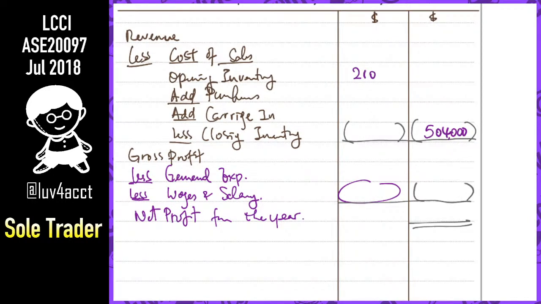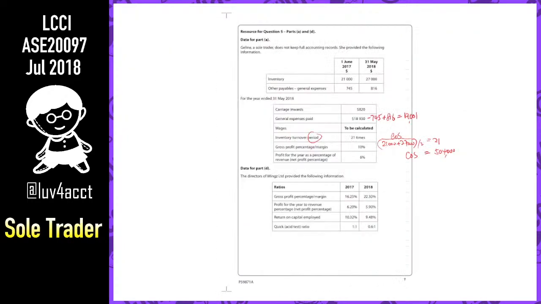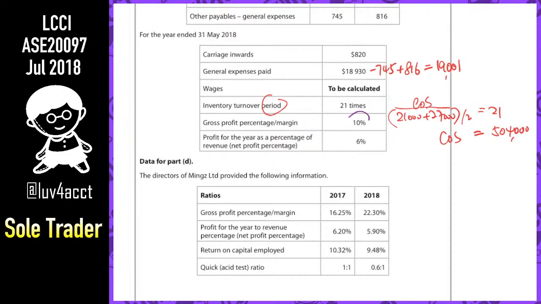Opening inventory 21,000, 27,000 for closing. Okay, and then we'll use these two: gross profit margin and also profit for the year as a percentage of revenue.